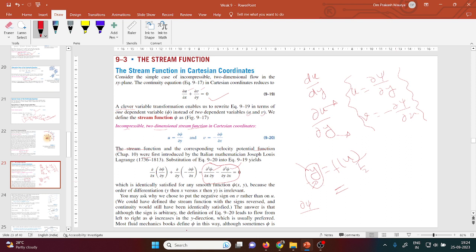This is only mathematics, there is no hard and fast rule. It identically satisfies the equation for a smooth function, that is psi is a function of x and y, because the order of differentiation, y then x versus x then y, does not matter.